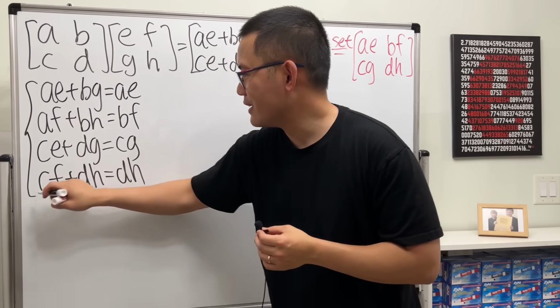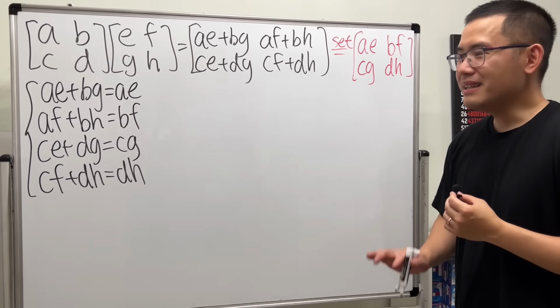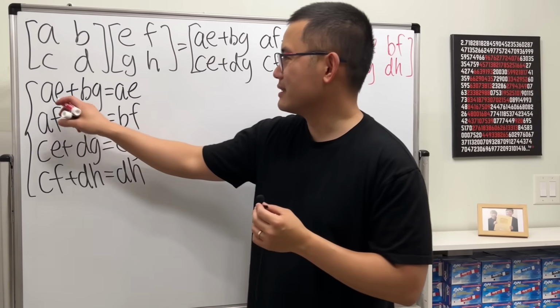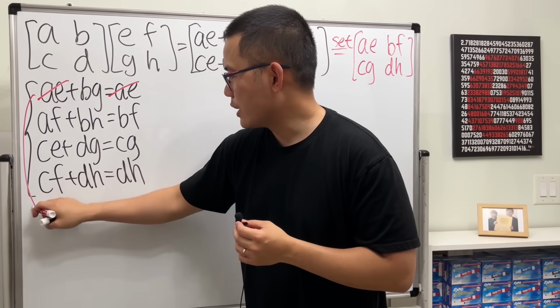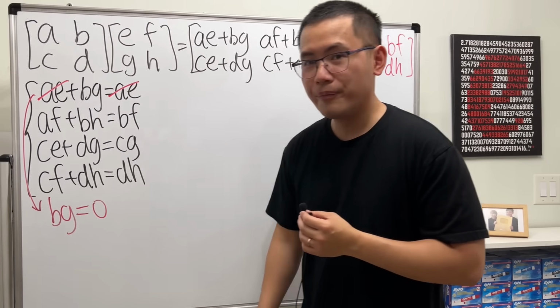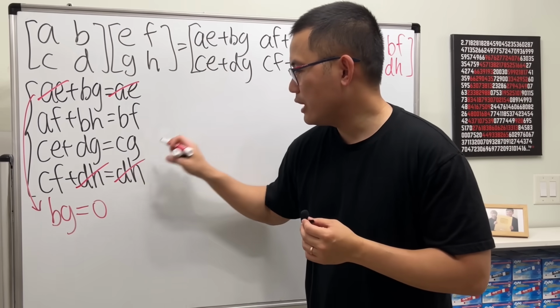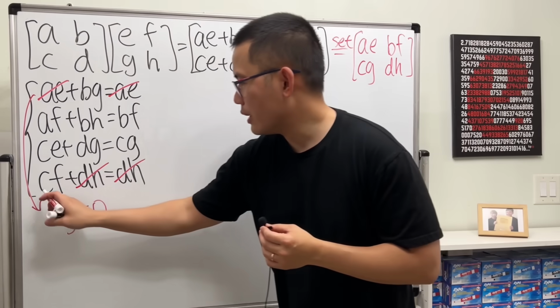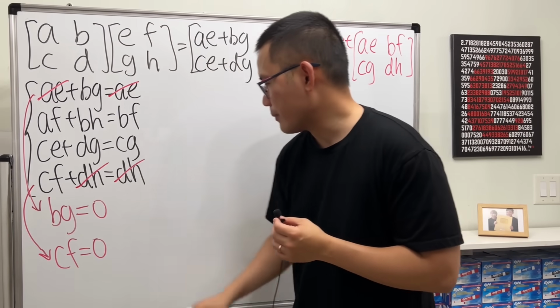Alright, so we have these 4 equations with 8 unknowns. But it's not so bad. Firstly, though, you can see that AE and AE cancel. So for the first equation, this right here will tell us BG must be equal to 0. And we can do the same thing for the last one. DH also cancel, so this implies we must have CF equal to 0.